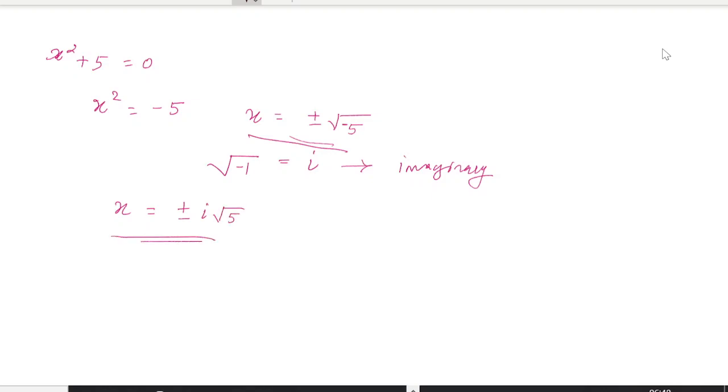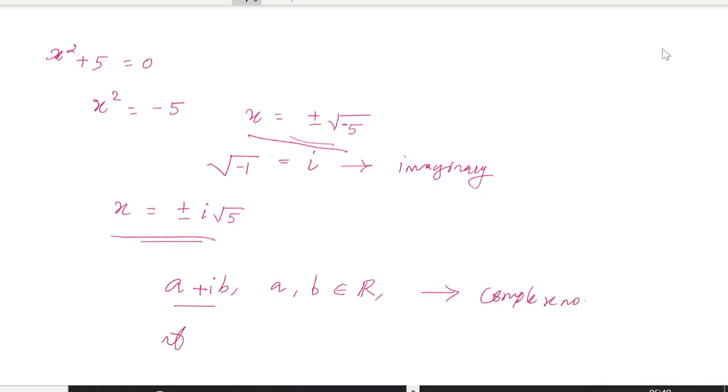So we have defined it like this, and we will say that this is a complex number. In general, a number a plus ib, where a, b belong to the set of real numbers, is a complex number.